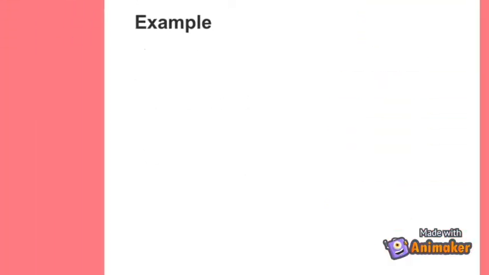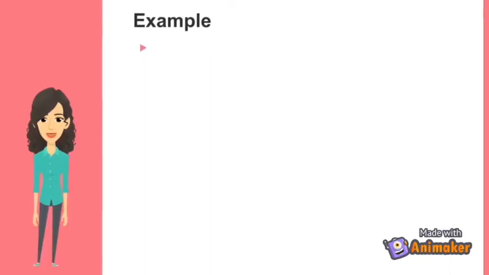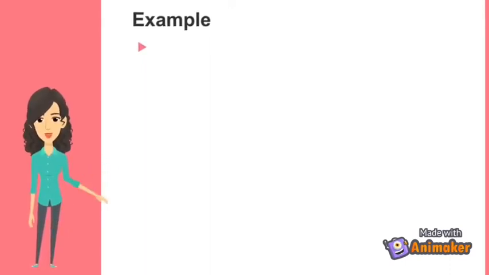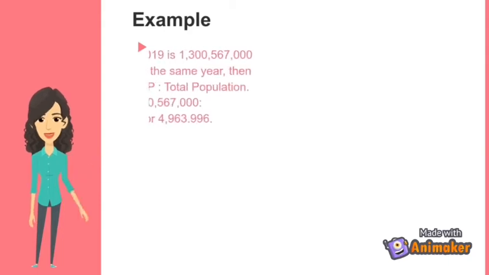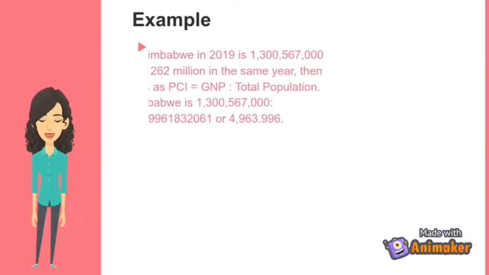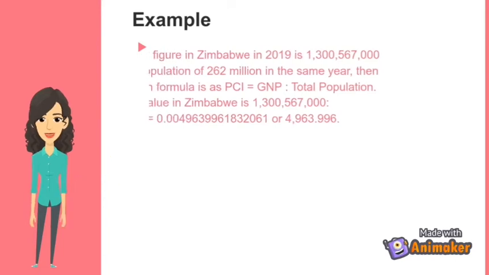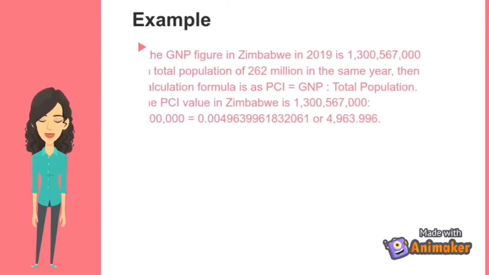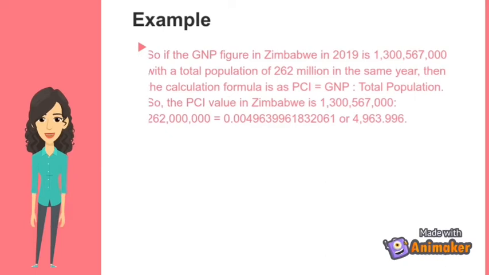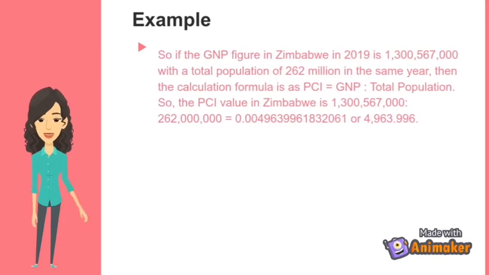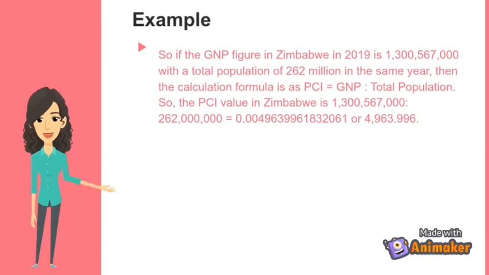Example. First, involve GNP based on prices that are currently in effect. If the GNP figure in Zimbabwe in 2019 is 1,300,567,000 with a total population of 262 million in the same year, then the calculation formula is PCI equals nominal GNP per total population.